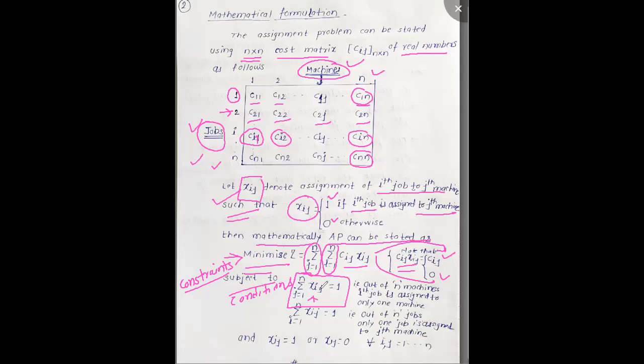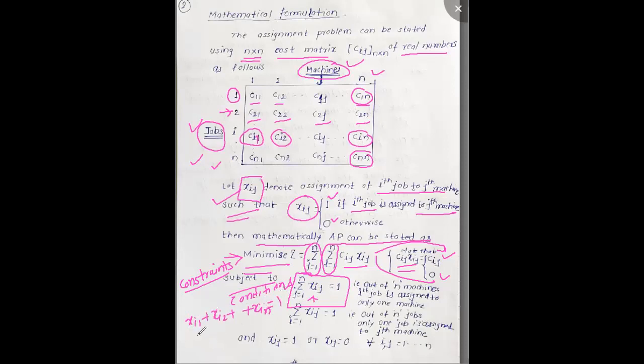The variable xij has value 1 when we assign the ith job to the jth machine. What are the terms here? When we put j equal to 1, we get xi1, then xi2 up to xin, where the last value of j is n, equal to 1.